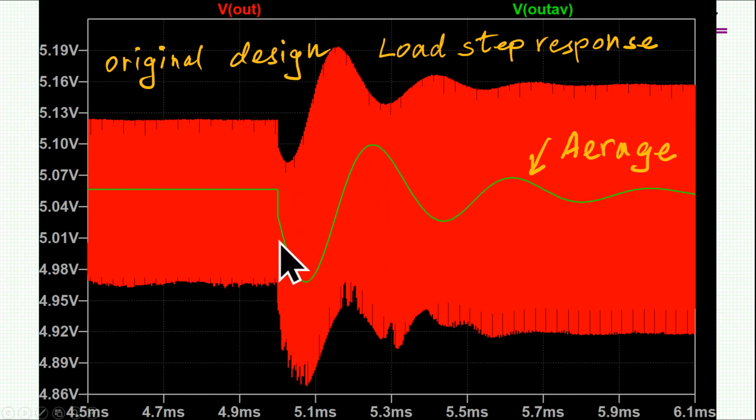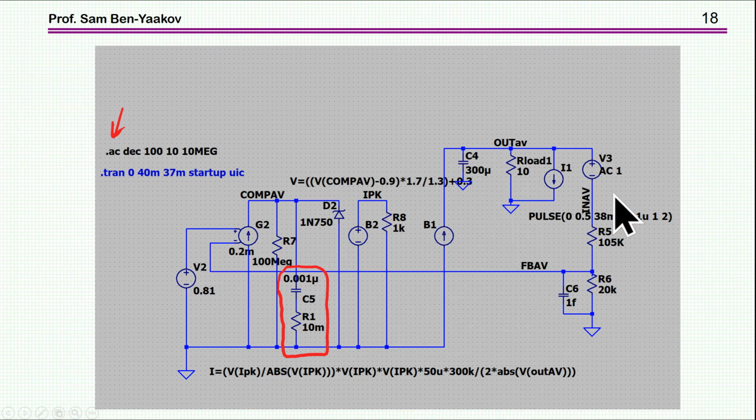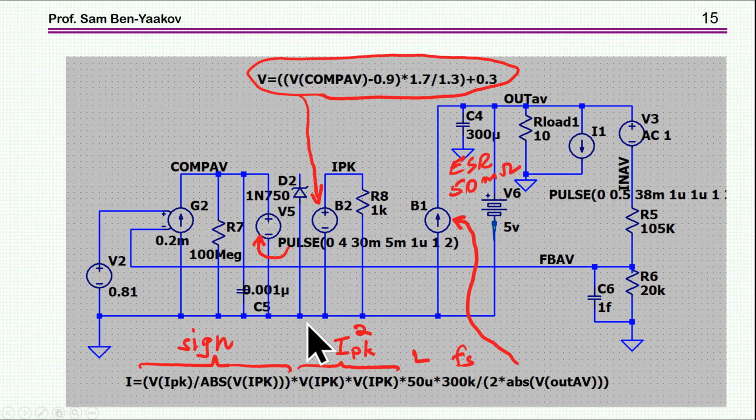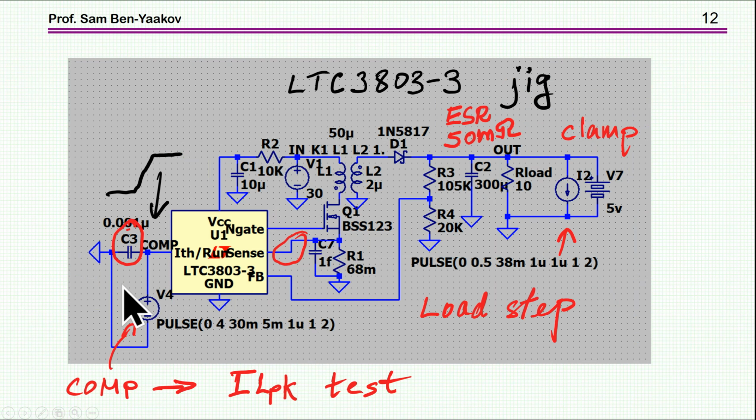I can see here that the response has some overshoots, sort of oscillation or close to oscillation. This jump here is due to the ESR, but then I have a response on the verge of oscillation. Now the compensation that they have put, I'm showing it in the behavioral model, the average model, but this is the one that is shown here.